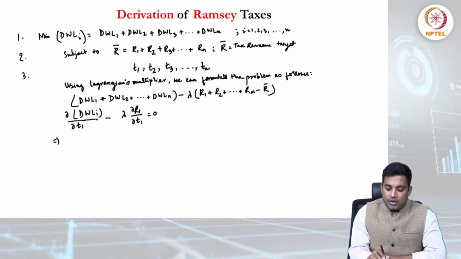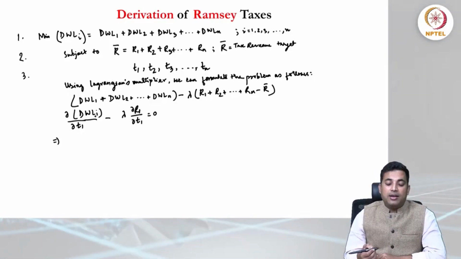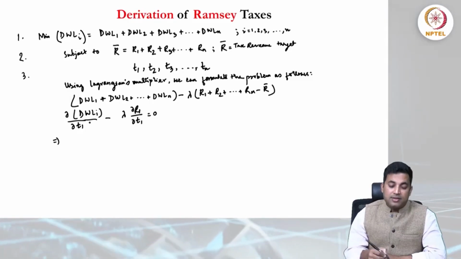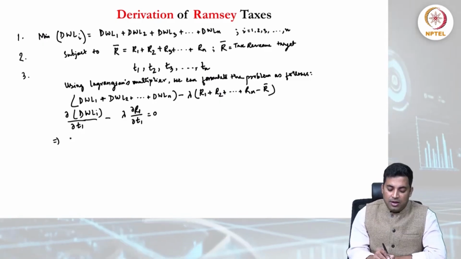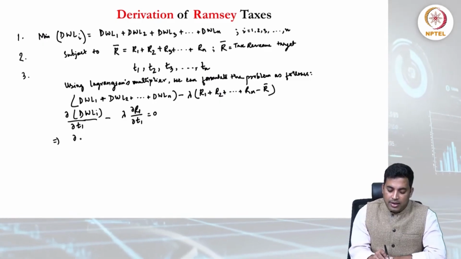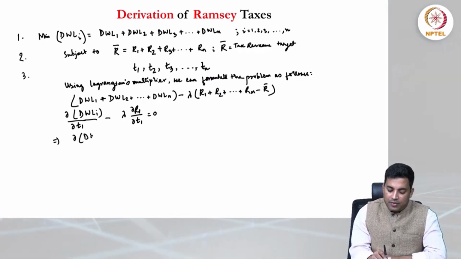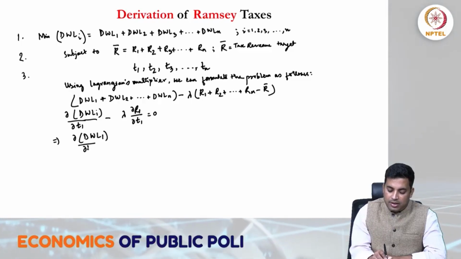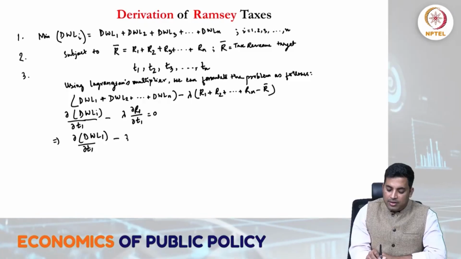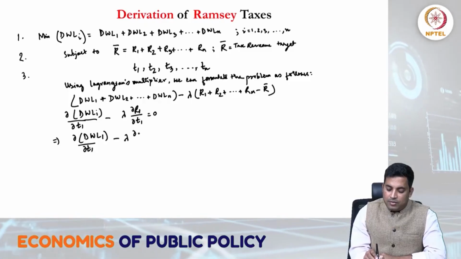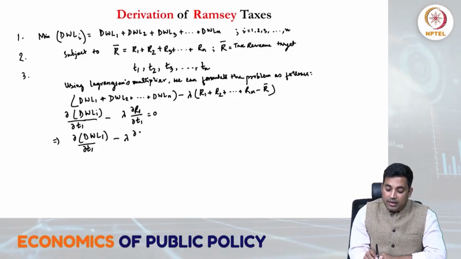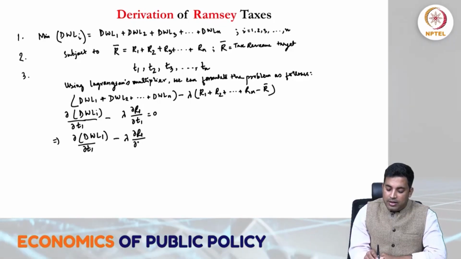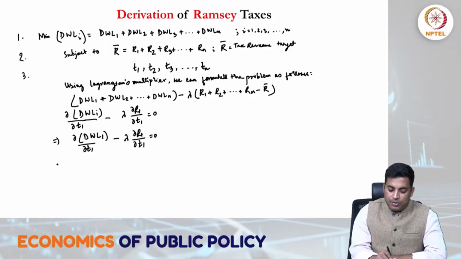Here I can represent it as 1 because it's for the first individual. So we can write the derivative of DW1 with respect to small t1, minus lambda times the derivative of R1 with respect to t1, equals 0.